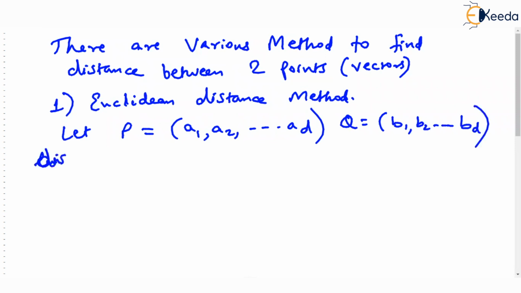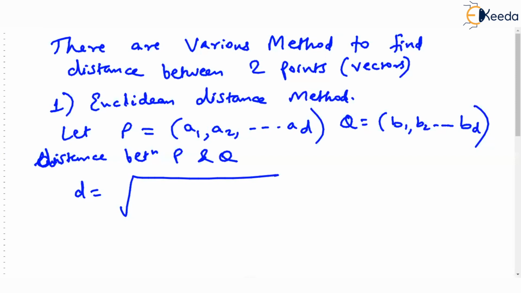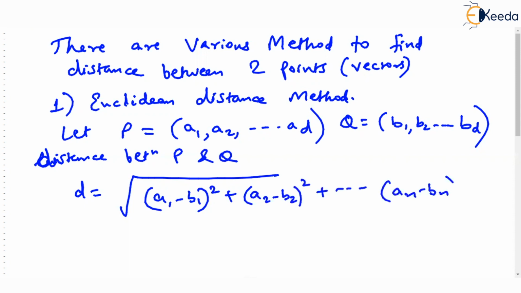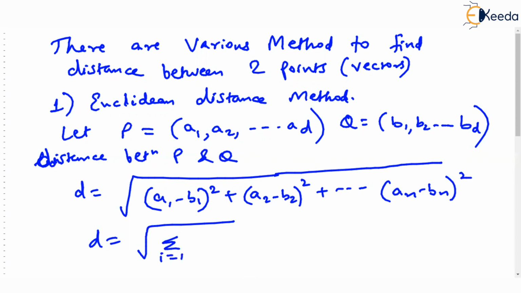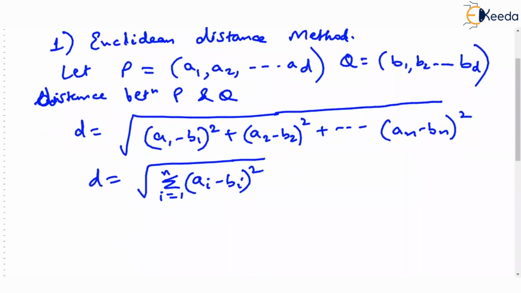Then the distance between P and Q is given as D equals the square root of A1 minus B1 the whole square plus A2 minus B2 the whole square up to AD minus BD the whole square, which can be written in a concise way like this: the square root of the summation of i equal to 1 to d of Ai minus Bi the whole square. I hope you understand.